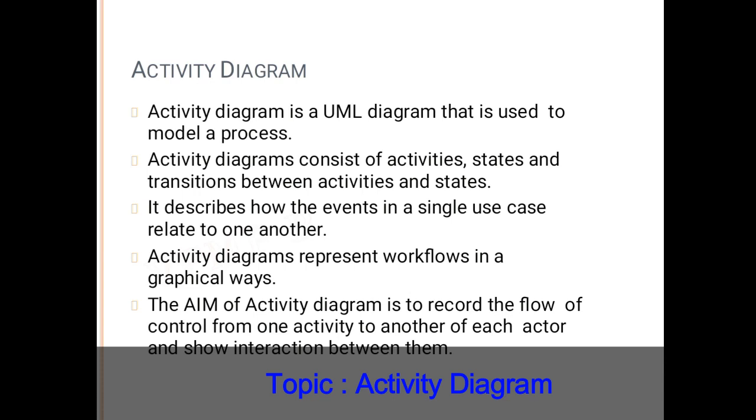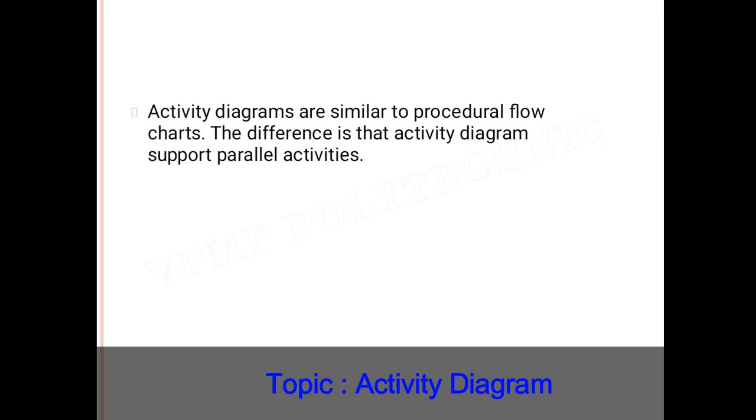Next, activity diagrams consist of activities, states and transitions between activities and states. So what are states, what is an activity, and how do activities and state transitions relate between user and system? Here activities, states and transitions between them are described using symbols.